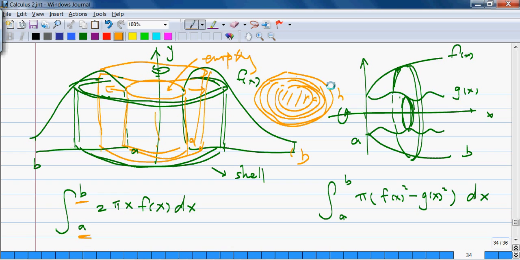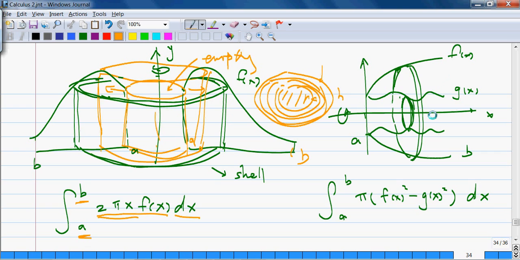So each ring is basically a very thin shell, and then you sum them up, but you sum them up in a way such that it's from A to B, not from 0 to B like before. And the formula is the same. So this is the surface area multiplied by the thickness.